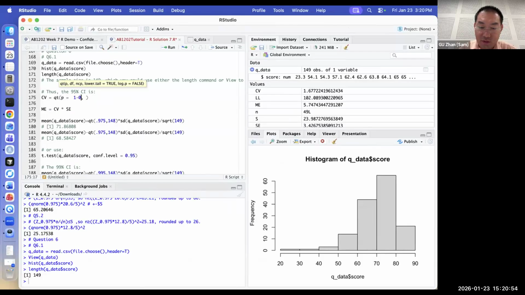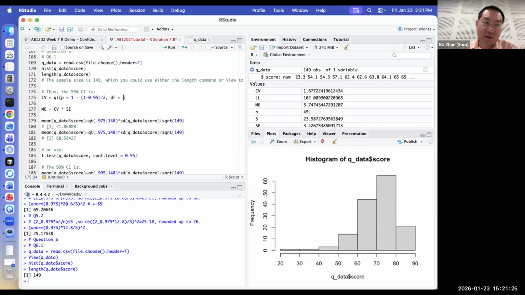There is a universal method shown on the slide: divided by 2. 0.05 divided by 2 is 0.025. Then 1 minus it.